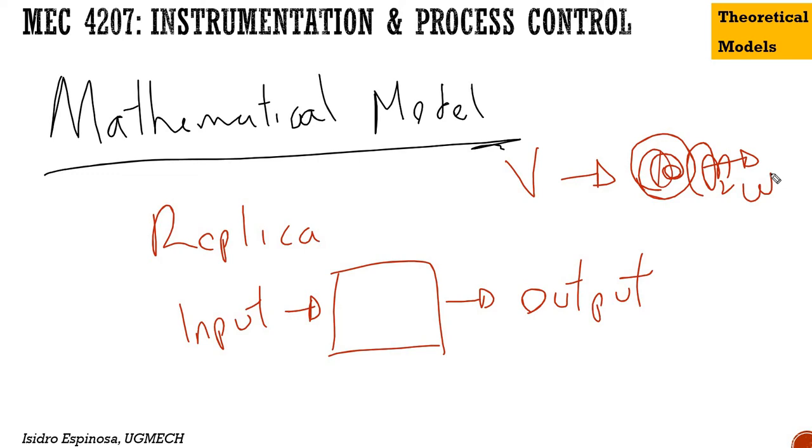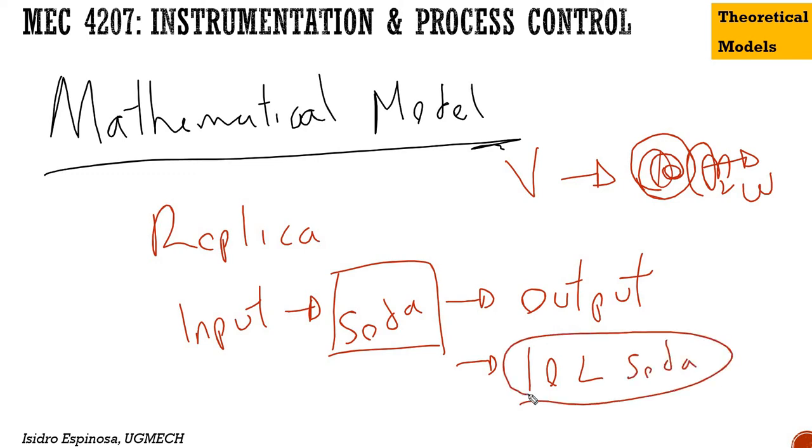This reminds me of the example I used to make when we produce soda. If we produce 10 liters of soda, that is a representation of the input, so whatever the input is, it needs to be a proportional representation of the output. If the input is multiplied by some constant, then the output is multiplied by the same constant.